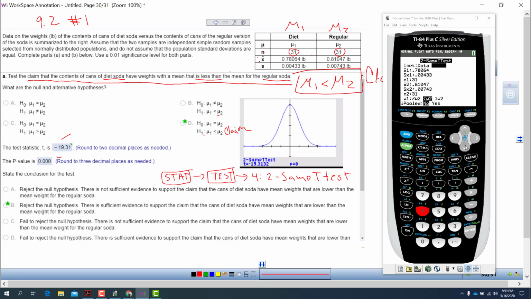Okay. So you need to highlight the alternative hypothesis, which is less than. We have this inequality symbol. For pooled, we always select no. You only select yes when you know that the standard deviation of the first population is the same as the standard deviation of the second population.